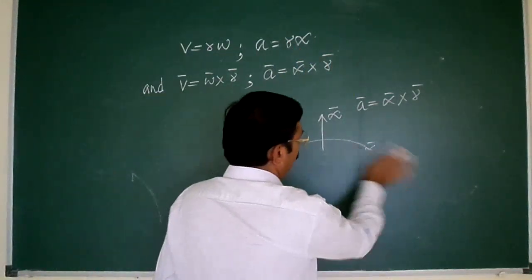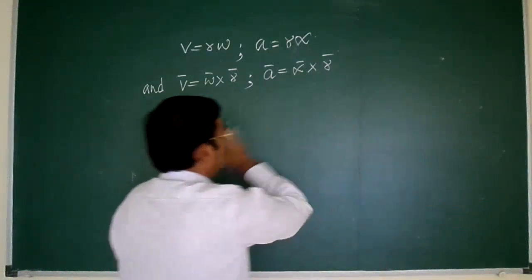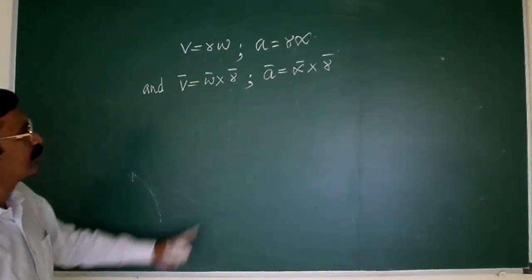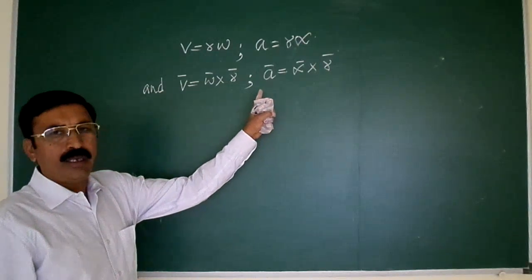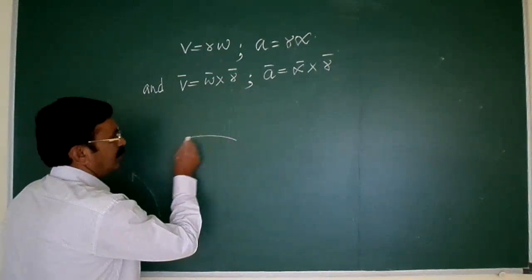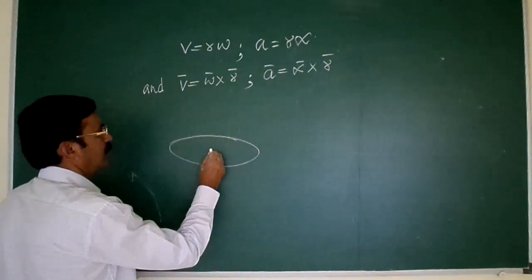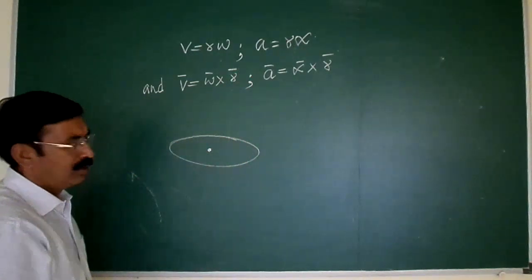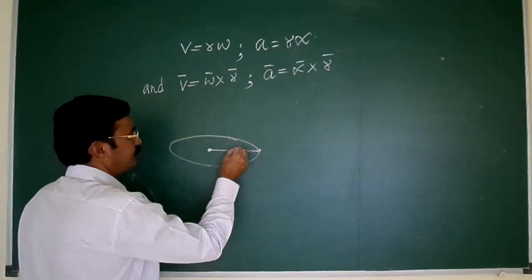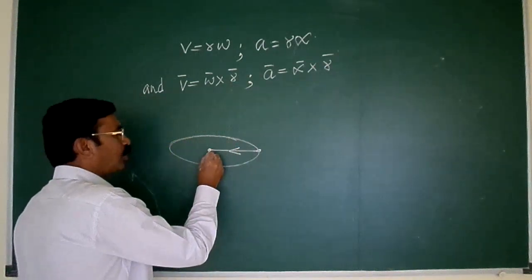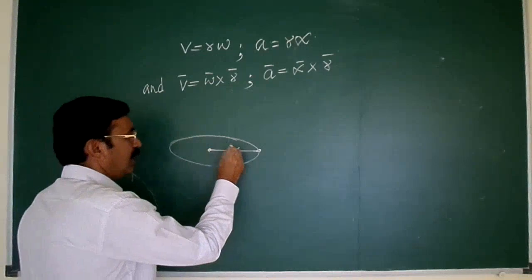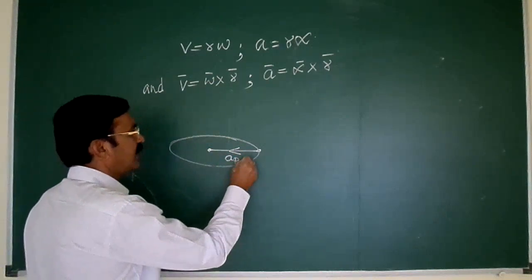As we know, for uniform circular motion, the value of alpha is 0. The acceleration of the particle is only toward the center of the circle along the radius, so it will be A_R.